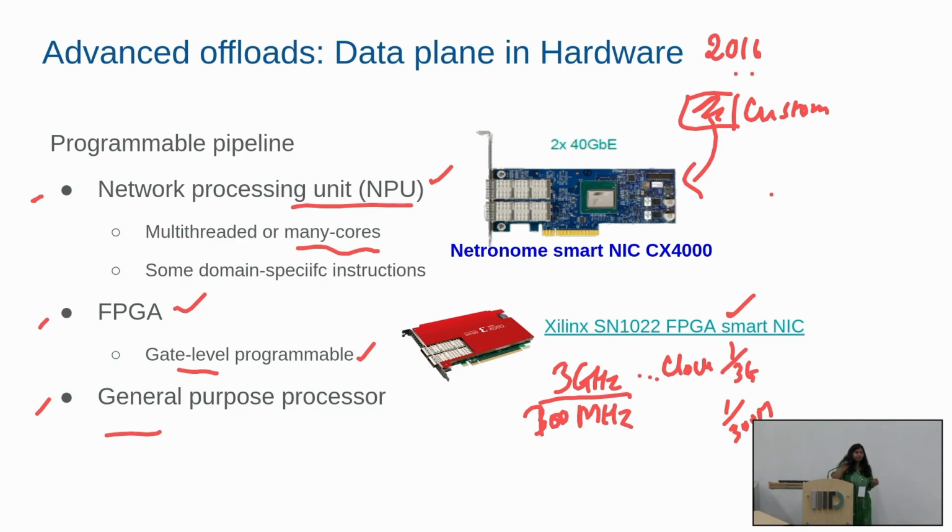Can anybody help me out here? Now, general purpose processor works at 3 gigahertz, your network card works at 300 megahertz. Who is faster, general purpose or FPGA?